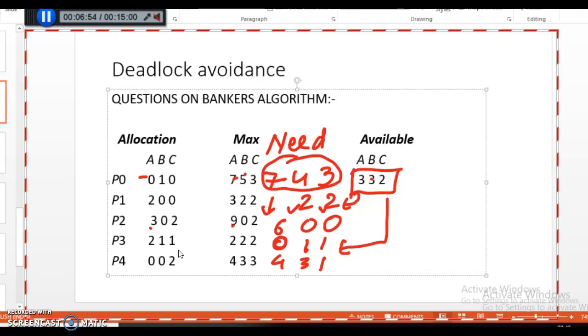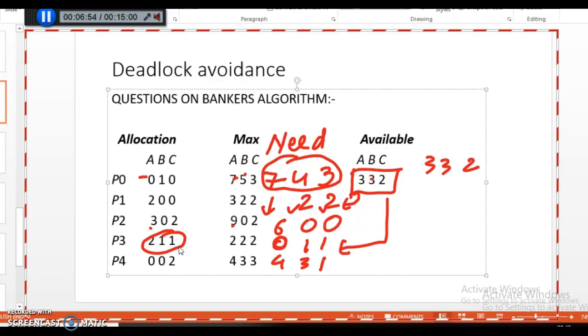What we will do, we will allocate need is 0 1 1. Then the available resources will be 3 3 2, and it will be allocated. This process will complete its allocation.